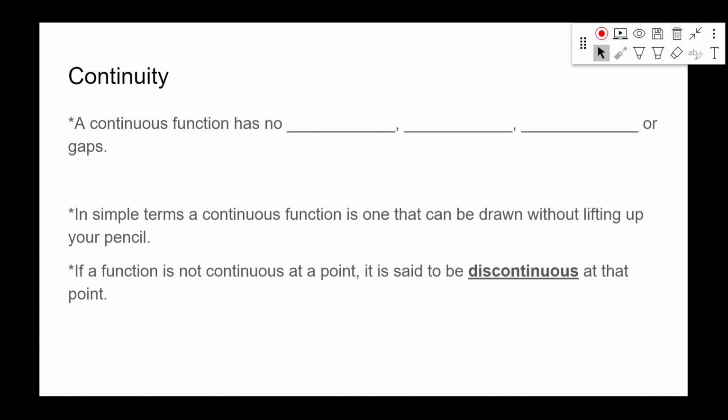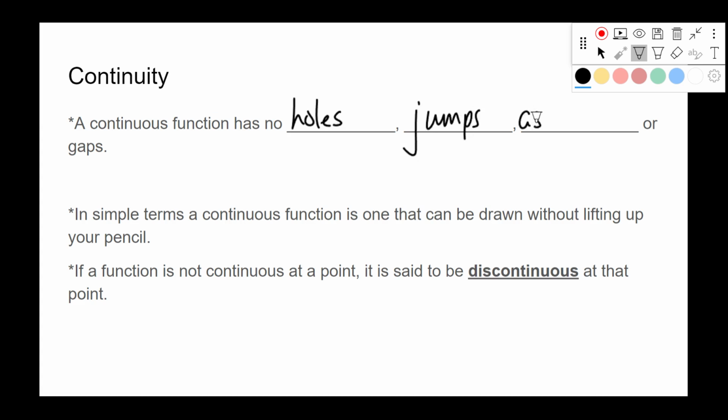So continuity. A continuous function is a function that has no holes, jumps, asymptotes, or gaps.